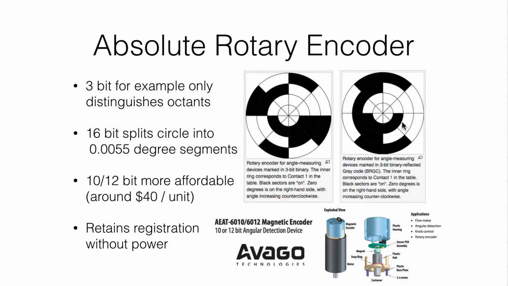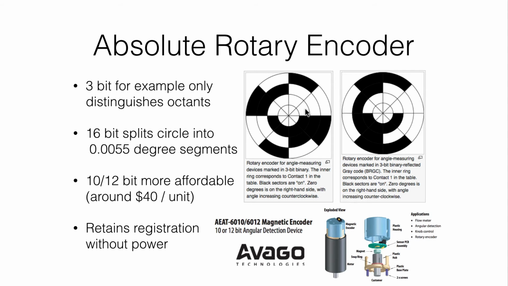Now, here's another example of encoding. This is an absolute rotary encoder, and this is only a 3-bit encoder. So we've got 3 bits of information here, 1, 2, 3. In this one, it's 0, 0, 0, 0, 0, 1, 0, 1, 0, 0, 1, 1.